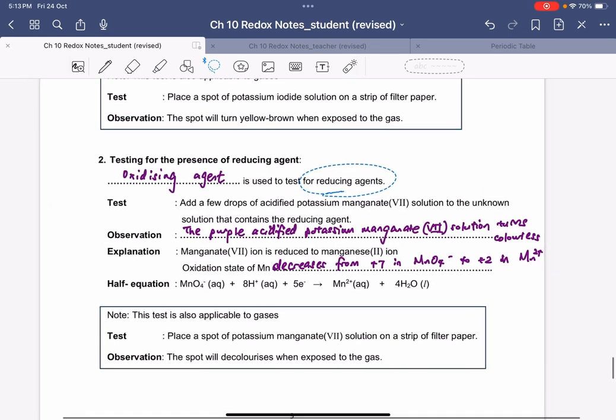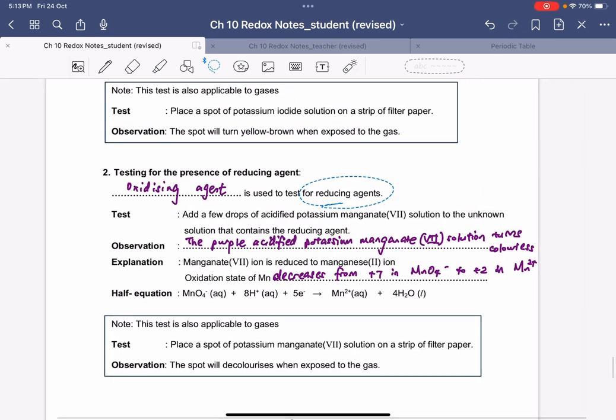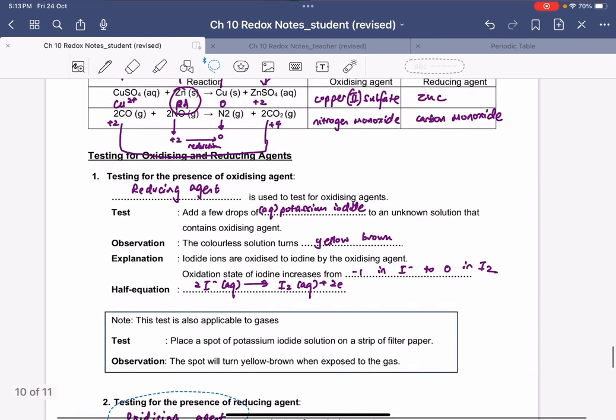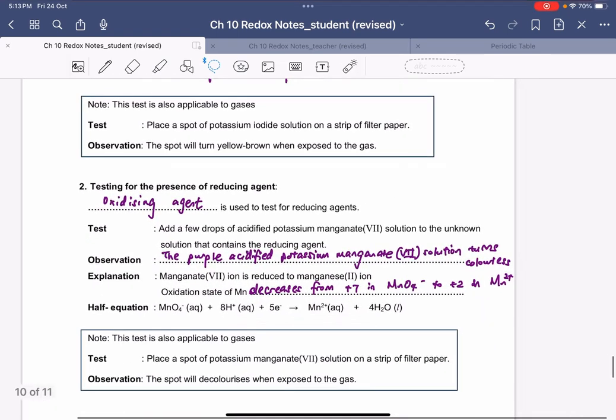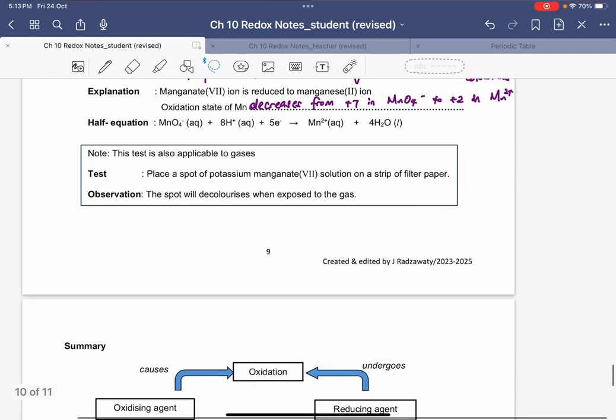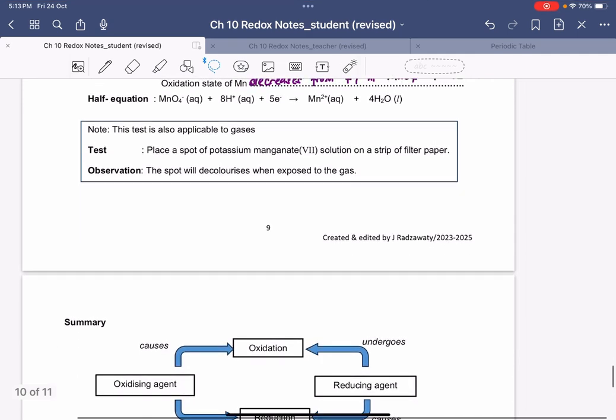So in summary, if I want to test for reducing agent, I add oxidizing agent. If I want to test for oxidizing agent, I add reducing agent. If there's any color change, then the particular oxidizing or reducing agent is present.